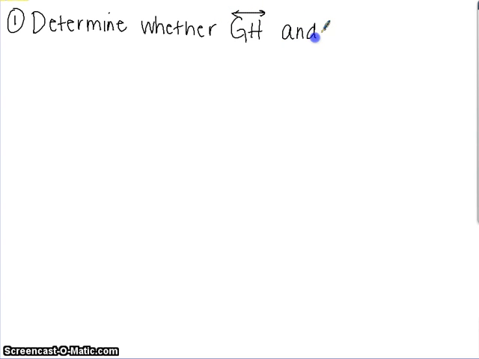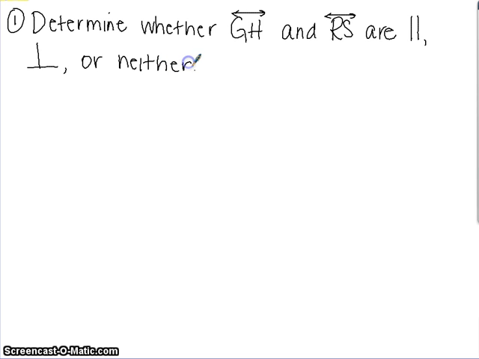Here's your first one. Determine whether line GH and line RS are parallel, perpendicular, or neither.